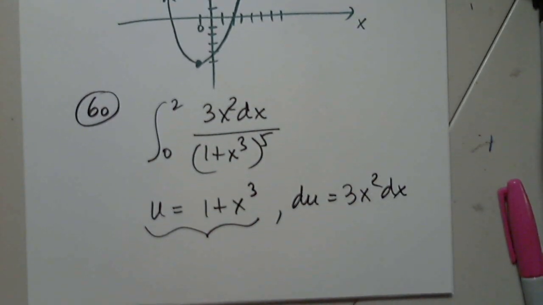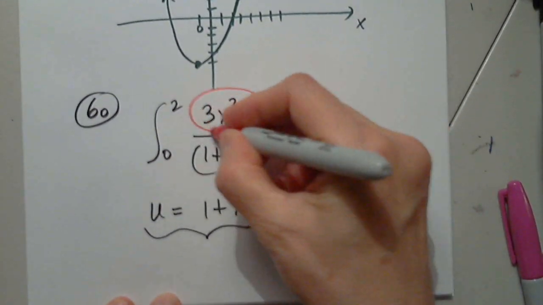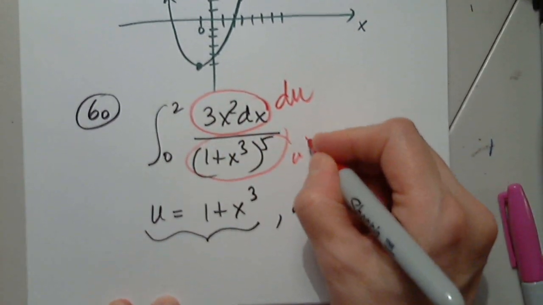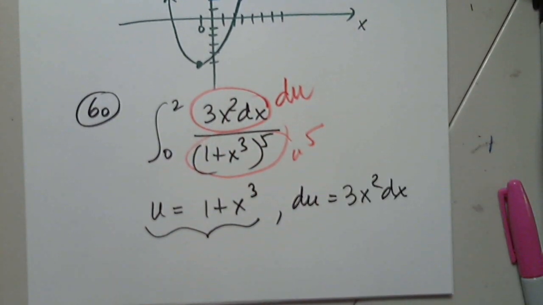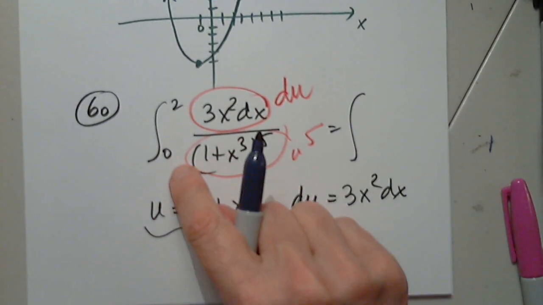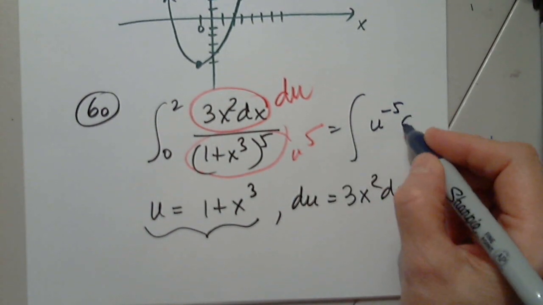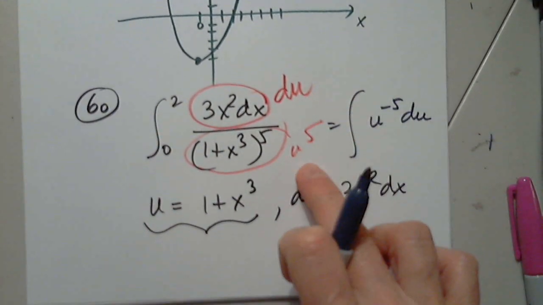And we are very lucky. So do not copy the limits of integration. So all we have now is u to the negative 5 du, which is du over u to the fifth.